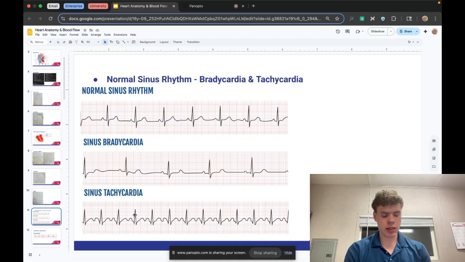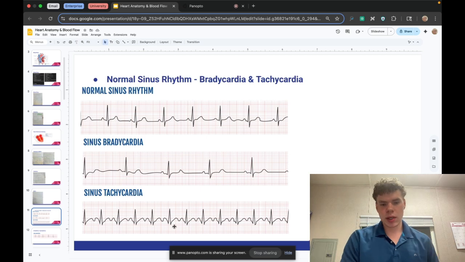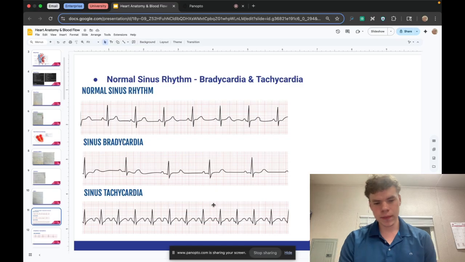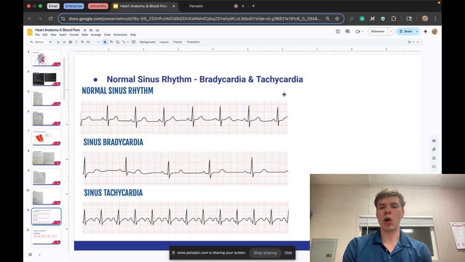So 300 divided by 2.5 is 120. So this is 120 beats per minute. So it'll be known as sinus tachycardia because P wave, QRS, T wave all look normal. R to R is normal, but it's 120 beats per minute. So it's still a sinus rhythm because it's coming from the SA node, but it's tachycardia. So it's sinus tachycardia.